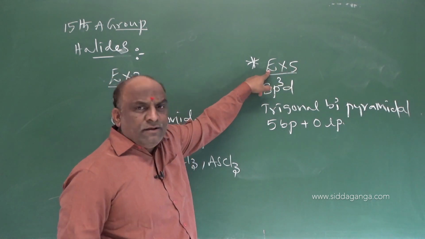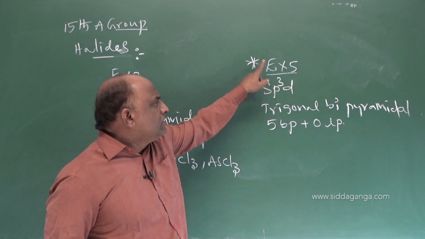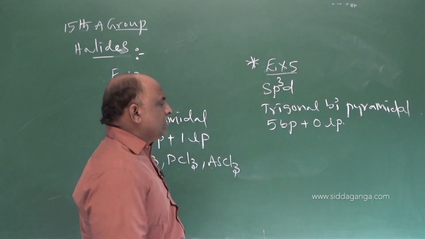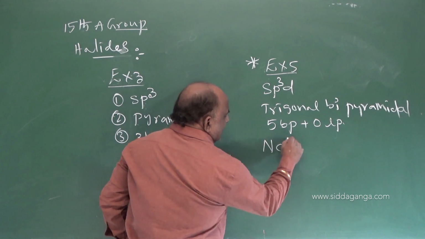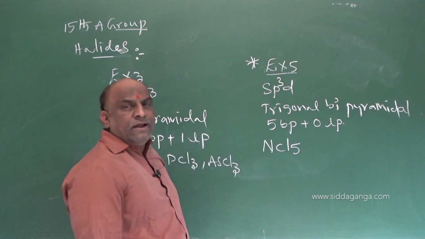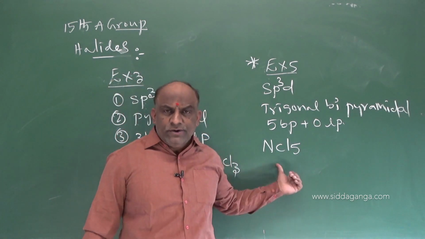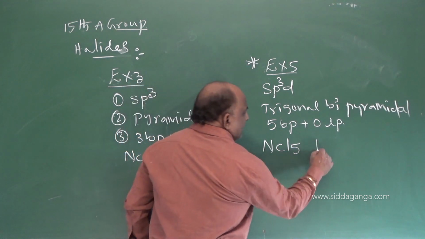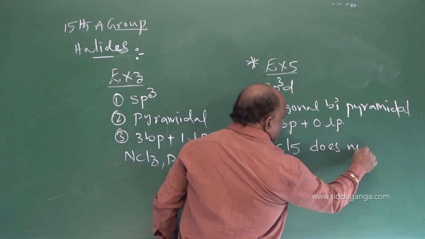EX5: what is E? E is a 15th A group element. Suppose E is N and X is Cl, then the compound is NCl5, called nitrogen pentachloride. Nitrogen pentachloride does not exist.